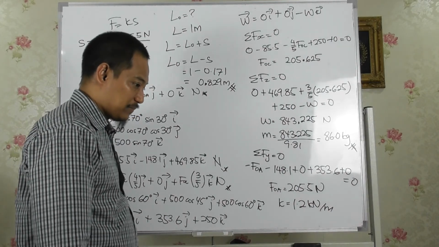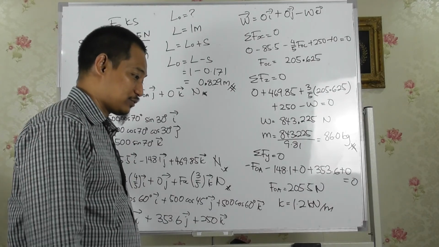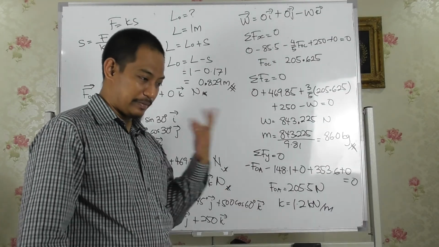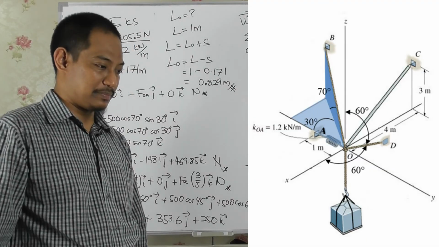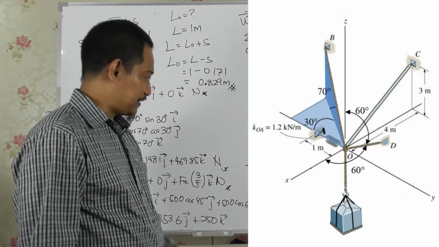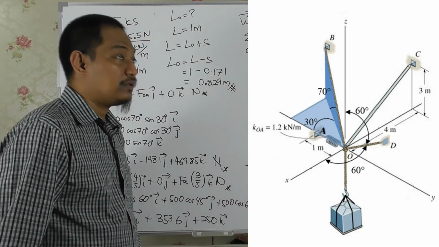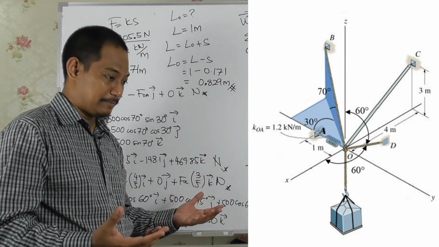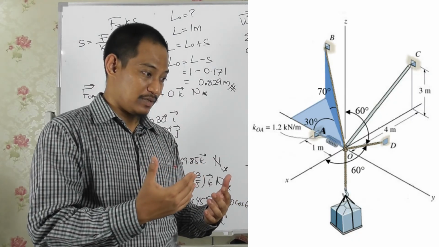Anyway, part E, if spring OA is replaced by a rod, what will happen to force FOA? So this force FOA here. Okay, if you look back at the diagram, what will happen to the force if you replace the spring with the rod? Give your reasoning, right? So generally speaking, equilibrium is still maintained, so basically the force is still the same, right?